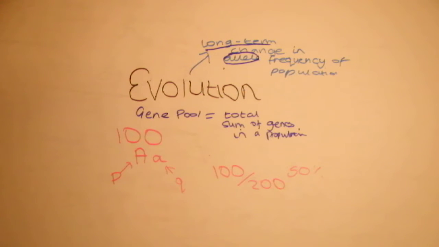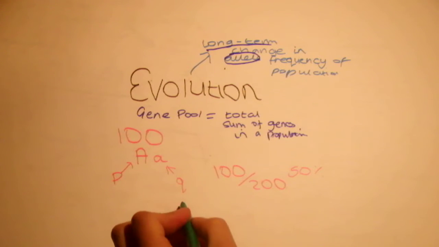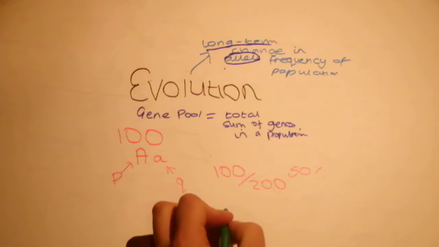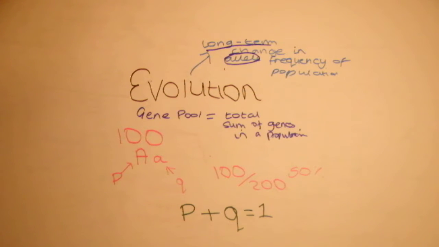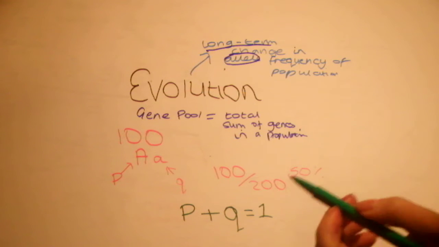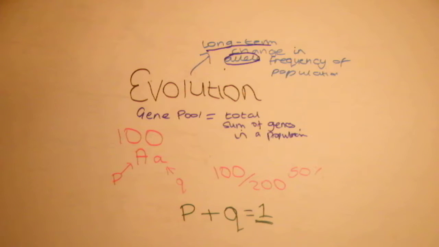This is because P plus Q equals 1. So P being the dominant allele and the recessive allele being Q, that always adds up to 1. That means you get half and half in a heterozygous population. So it's important that it always equals 1.